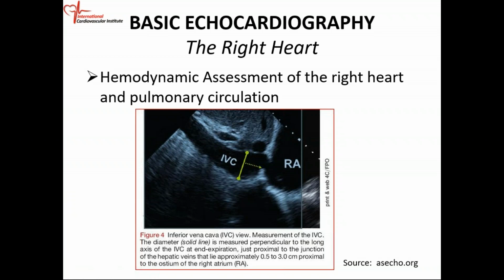And you want to see how much collapse you get with inspiration. The normal IVC should collapse more than 80% with inspiration. So for the measurement of the IVC, the diameter is measured perpendicular to the long axis of the IVC at end expiration, just proximal to the junction of the hepatic veins, okay?